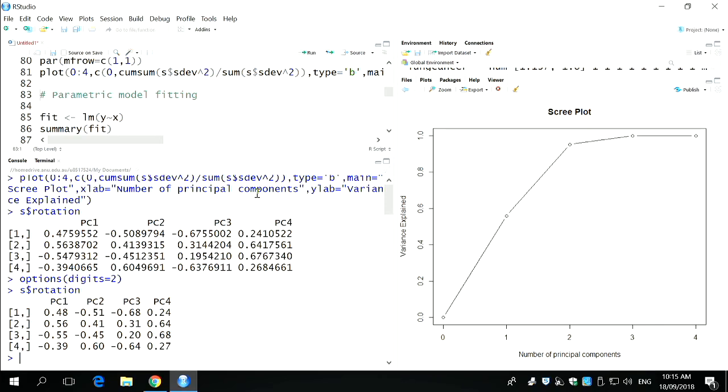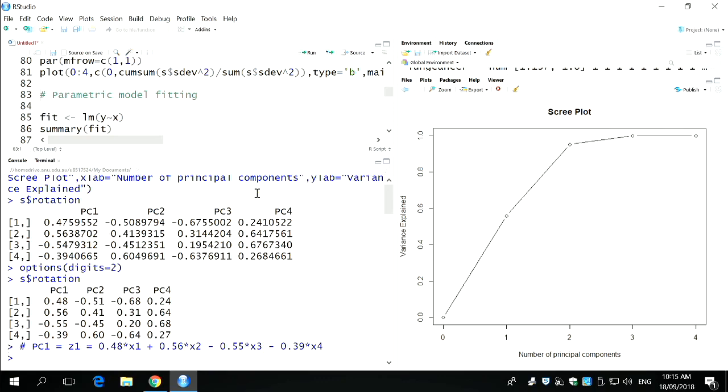And now, PC1, or Z1, let's call it Z1, equals 0.48 times X1 plus 0.56 times X2 minus 0.55 times X3 minus 0.39 times X4.